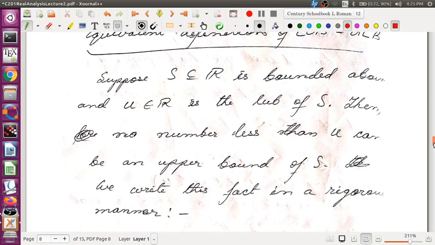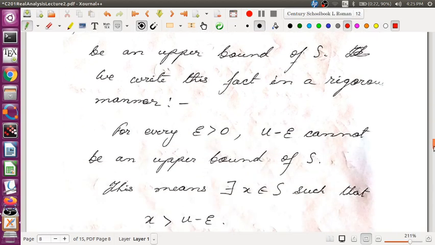We write this fact rigorously this way: any number less than U can be written as U minus some positive quantity. So for every epsilon greater than 0, U minus epsilon cannot be an upper bound of S.